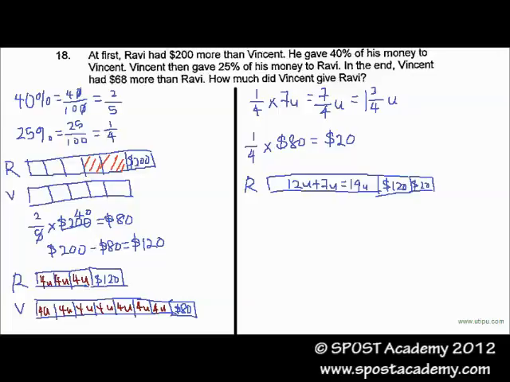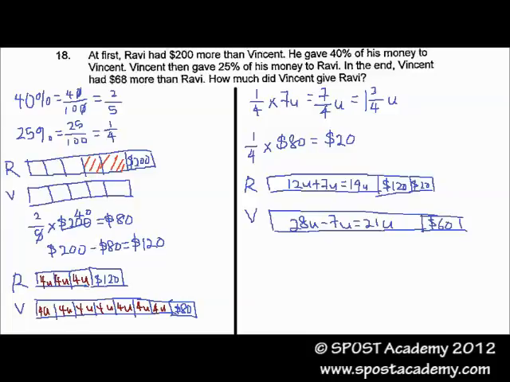While Vincent is going to have the 7 times 4 parts, which is 28 units, minus 7 units, which is equal to 21 units, plus the remaining $60.